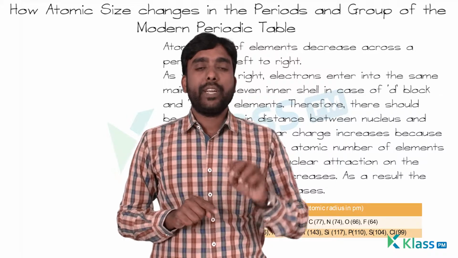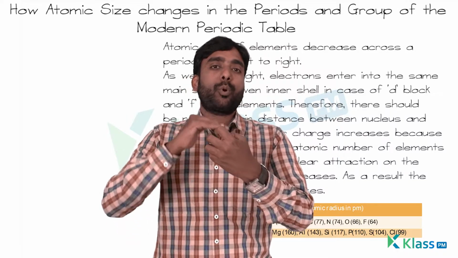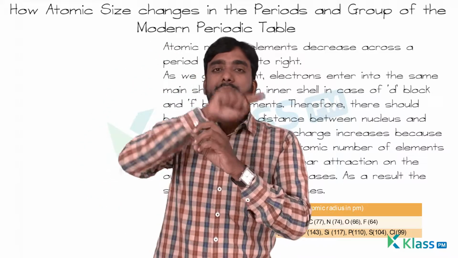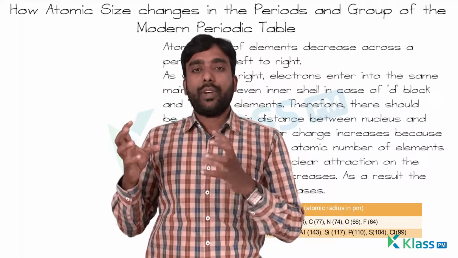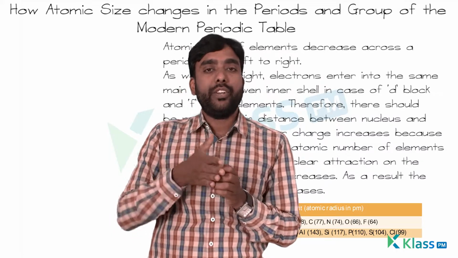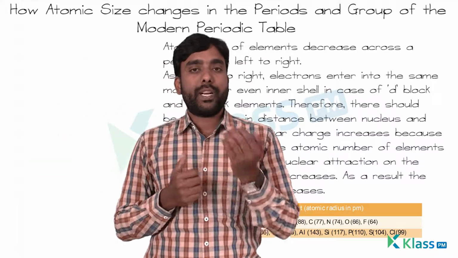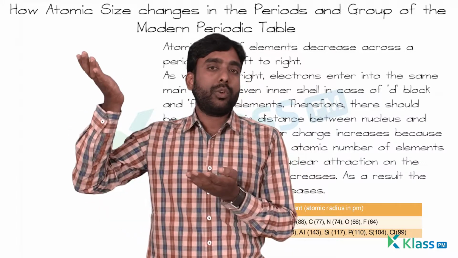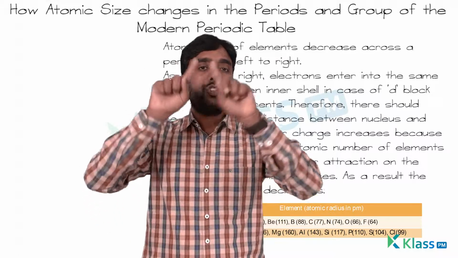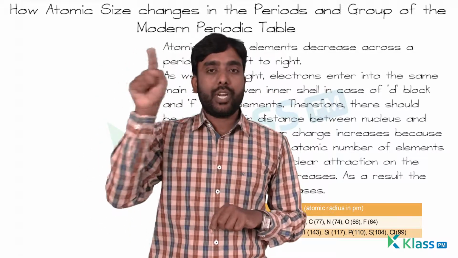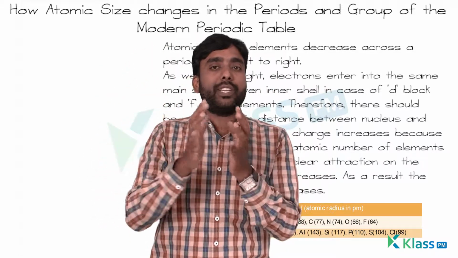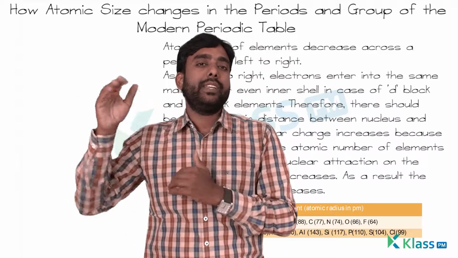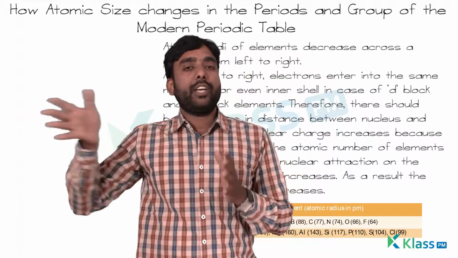So what's happening here? On the nucleus, the number of protons is also increasing from 3 to 10. But the main shell is the same. Since the effective nuclear charge on the L shell increases because of the gradual increase in the number of protons, and the electrons, though also increasing, are joining the same L shell, which is at the same distance from the nucleus, the effective nuclear charge increases from left to right as you move in the period.